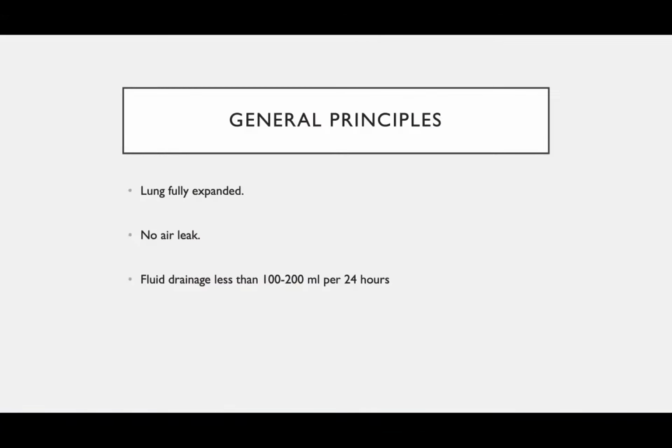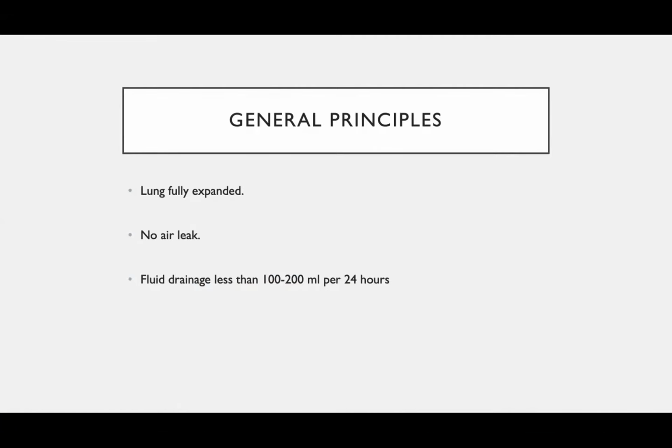So usually we remove the chest tube when the lung is fully expanded by chest X-ray and there is no air leak. For me, sometimes if the patient has a significant leak, especially after decortication with parenchymal injuries, I can accept a leak in the Topaz itself up to 50 and remove the chest tube.